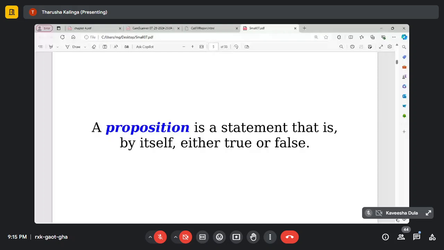But if we get a sentence like this, water boils at 100 degrees Celsius, it is definite. We can experiment with it, and we can say it is true or false. So those are two different things.